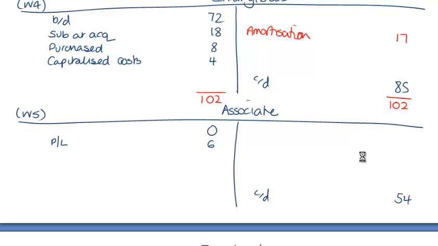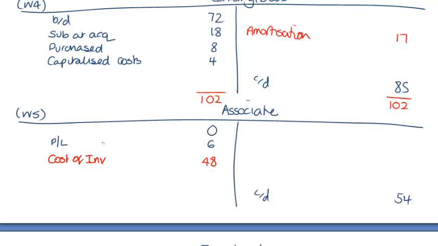Associates. What must we have done during the year? Well, we didn't have an associate, we must have gone out and bought some shares. They've contributed some profits. So how much did those shares cost us? 48. That's going to be our cost of investment.